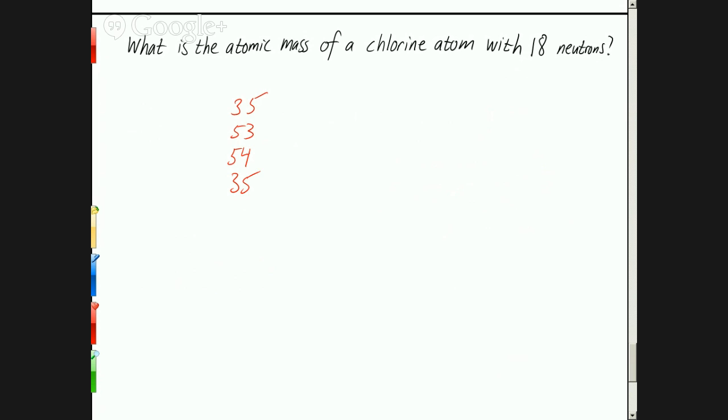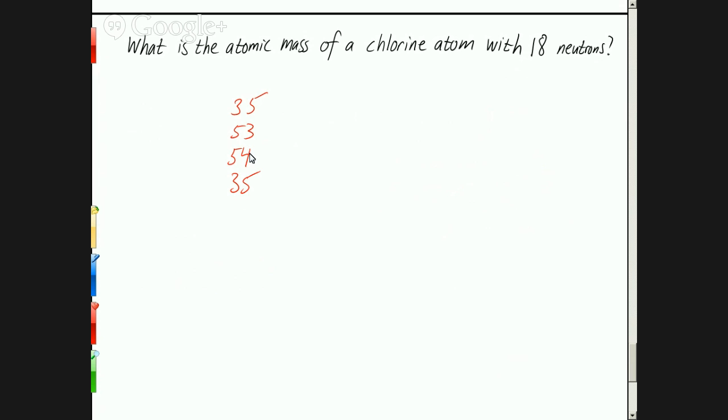All right, why 35? You both said 35. Well, I add the number of neutrons with the number of protons that the chlorine has, which is 17. Okay, so 35. All right, thanks. 53 or 54, where do those come from? I added the mass to 18 neutrons.